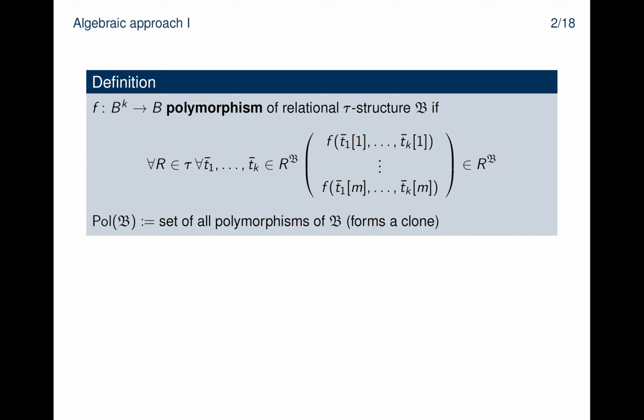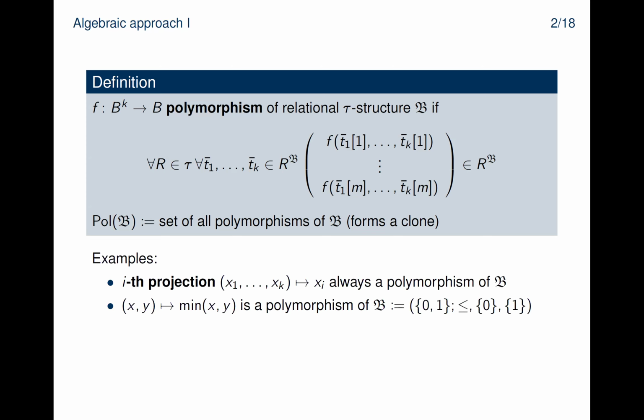And then the set Pol(B) is the set of all polymorphisms of our structure. This actually forms an algebraic structure. We could see these operations, these polymorphisms, as elements of an algebraic structure whose signature consists of projections and a composition operation, and then it forms a clone, which generalizes monoids.